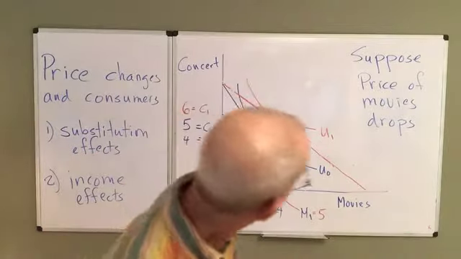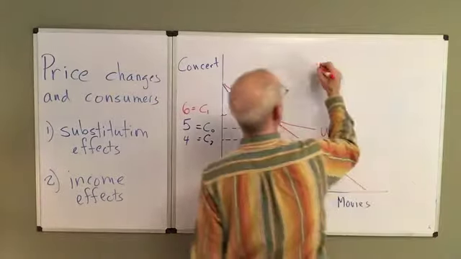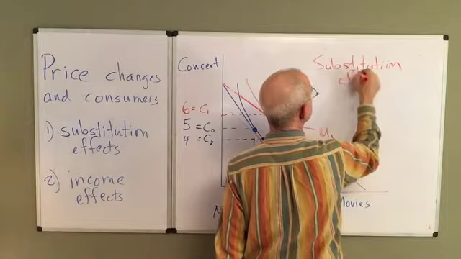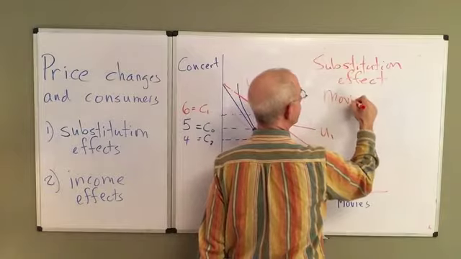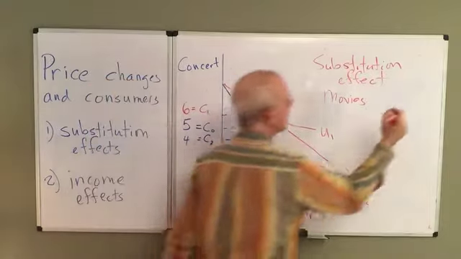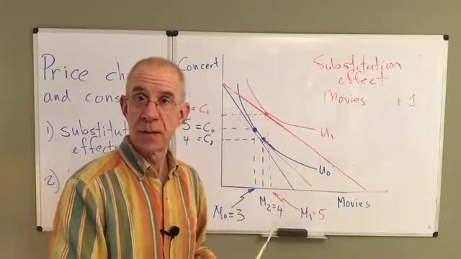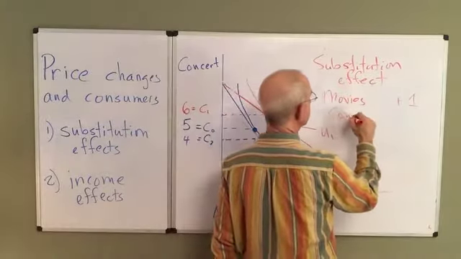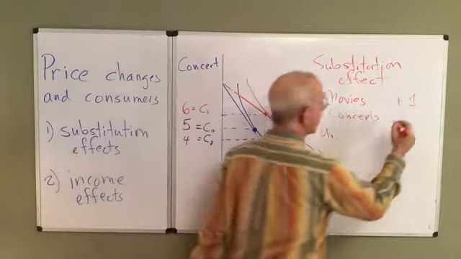So let's write this down. For movies, the substitution effect is +1. You'll increase going to movies by 1 unit, and for concerts, in this example, you went from 5 to 4, so -1.